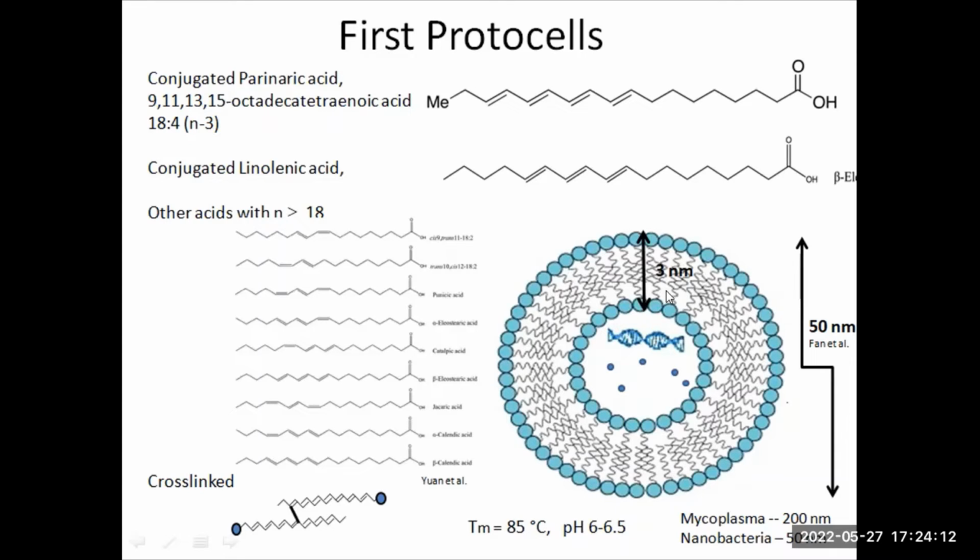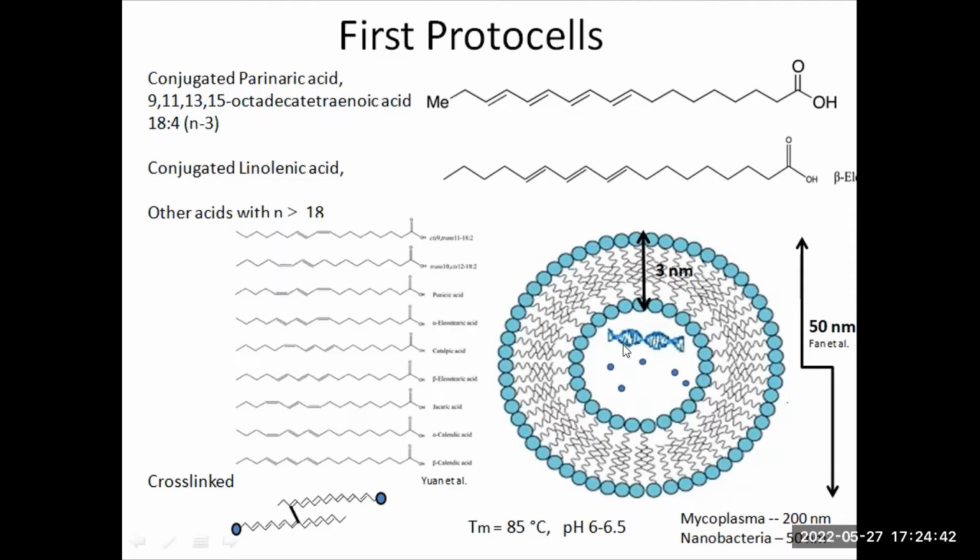And that would give rise approximately to a spherical protocell of about 50 nanometers in diameter, with a wall thickness of about 3 nanometers. So this is not to scale, but these are the values that one would expect to be most likely with this size of fatty acid. But of course, there would be a whole distribution of ranges.